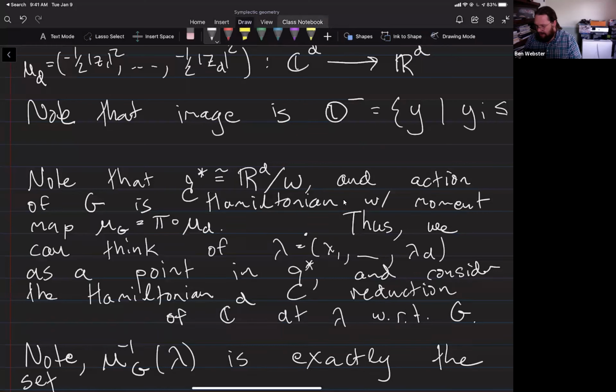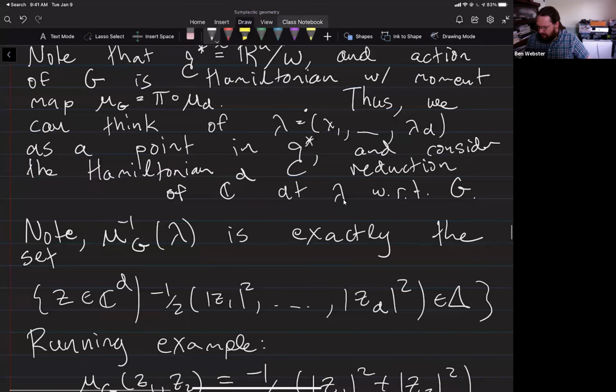So we can think of lambda 1 up through lambda D, these numbers we fixed before, as a point in G dual, and we can consider the Hamiltonian reduction of CD at that point of G dual. As we discussed before, you can have a debate about whether I should have said subtract that from the moment map, but don't worry too much about that.